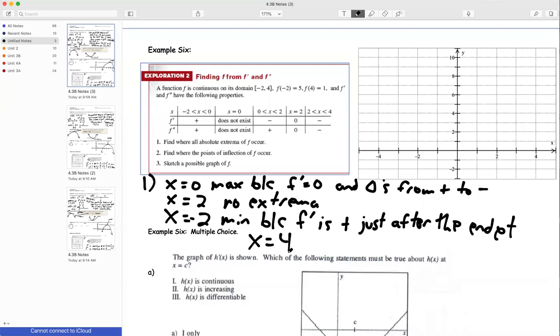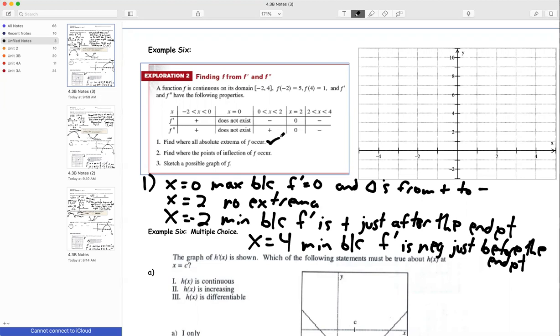And over here, my first derivative is negative until it gets to 4. So this will be a minimum because f prime is negative just before the endpoint. Okay, so that is the first one, the extrema.